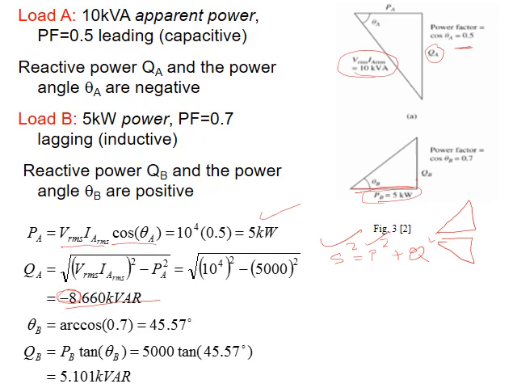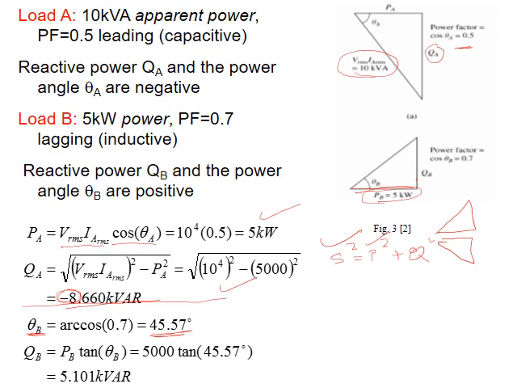Now theta B is the angle. I will take cosine inverse, then I will find theta B. Now QB, for B, since A is already done. I'm talking about load B now, which is the inductive load.